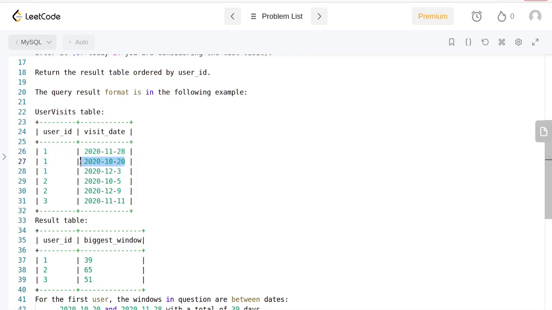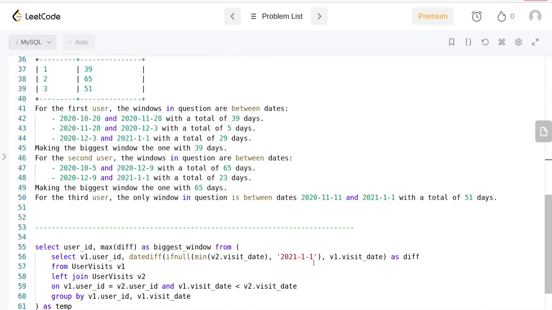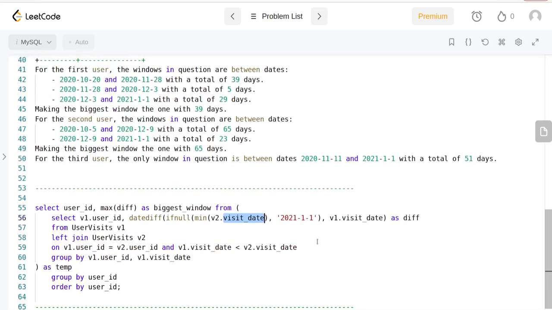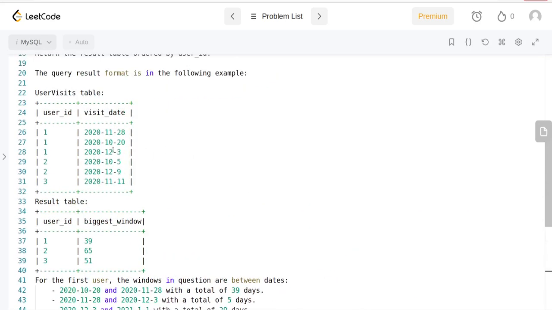That's the one you're going to select, but in case there is no such entry, then just select today's date. Then we calculate the difference between that date and the visit date.